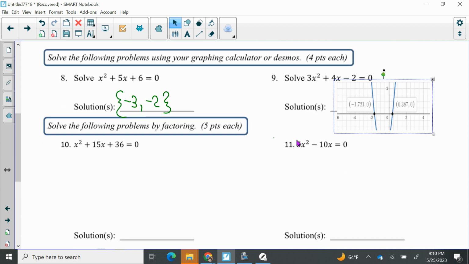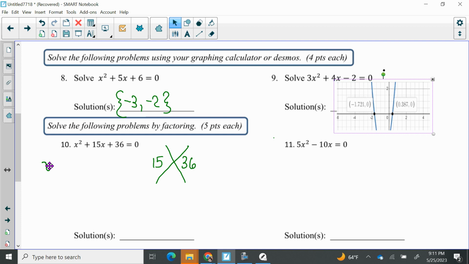Now, we're going to solve the following by factoring. So when I do this one, I'm going to use the X method that I always use, which is I say what two numbers multiply to 36 and add to 15. Let's see, we've got 6 times 6, 12 times 3, that works.